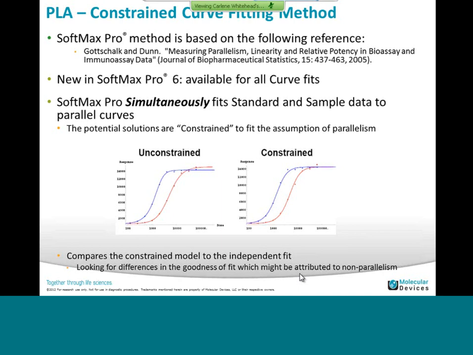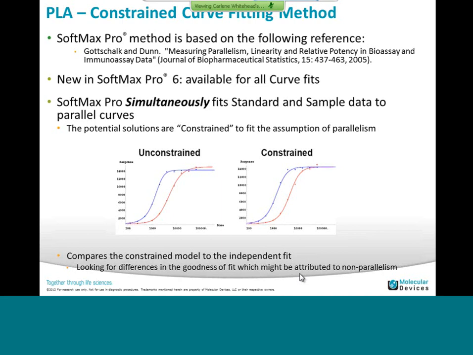In SoftMax Pro, it will simultaneously fit the standard and the sample data to parallel curves, and it will constrain the curve to fit the assumption of parallelism. Then SoftMax Pro will compare the constrained model, so the fixed model, to the free or independent model. You will be looking for the differences in the goodness of fit, which might be attributed to non-parallelism.